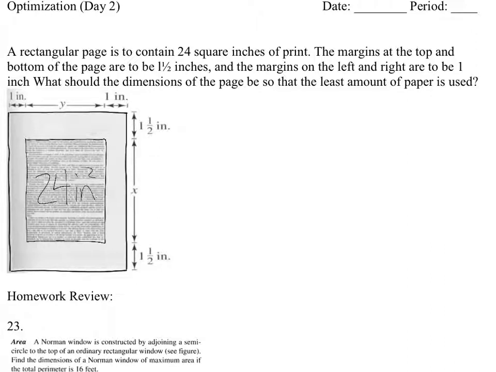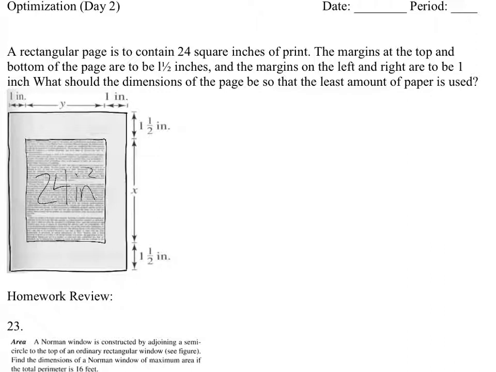Whatever the reason, we want there to be left and right margins of 1 inch and top and bottom margins of 1.5 inches. Okay? So, the margin at the top and bottom are 1.5 inches, the left and right are 1 inch. What should the dimensions of the page be so that the least amount of paper is used?